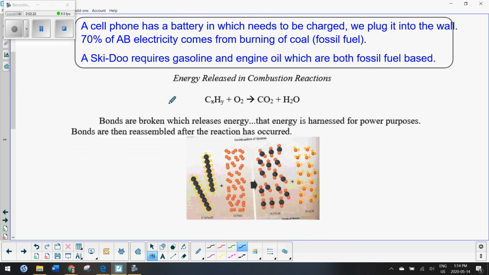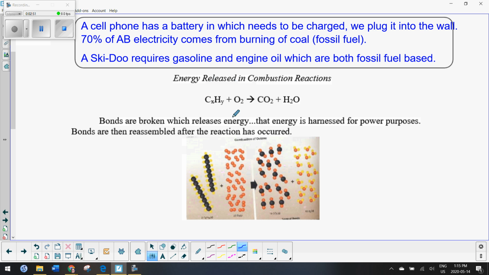Now, when we have a combustion reaction, you should remember combustion reactions from the beginning of the chemistry unit. So you have CxHy, which is a hydrocarbon, a fossil fuel. You are burning it in the presence of oxygen, O2. And then your molecules are rearranging into carbon dioxide, CO2, and water.